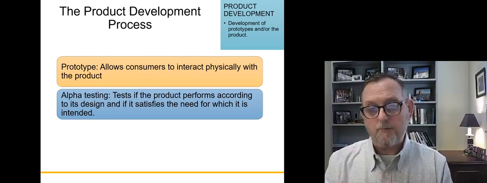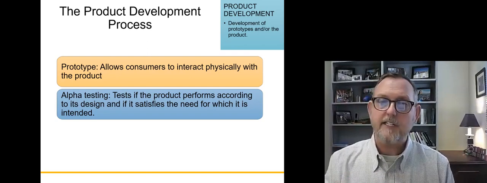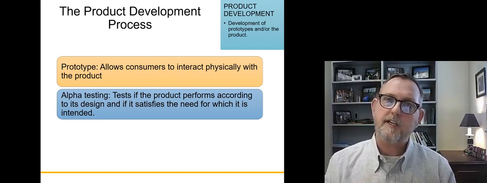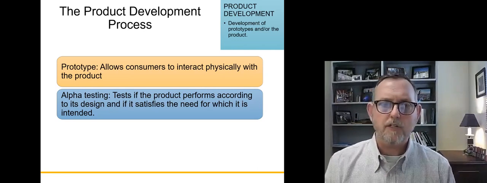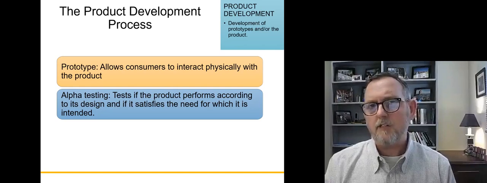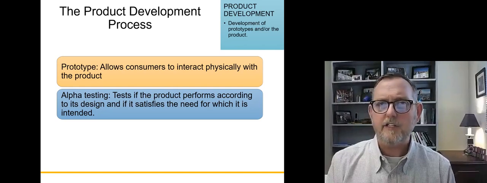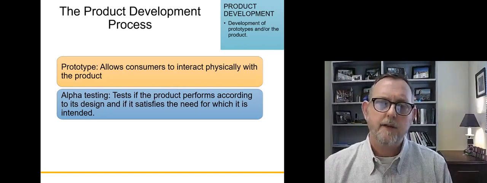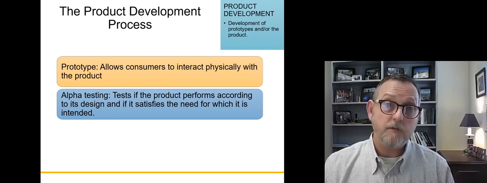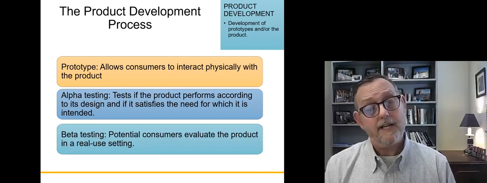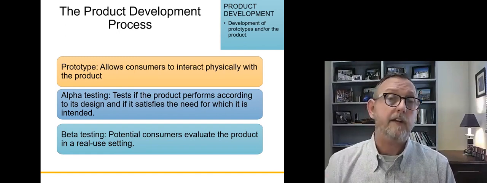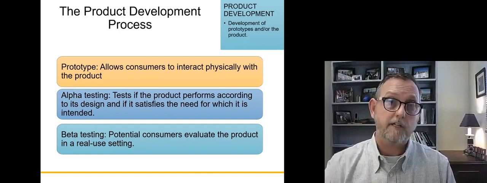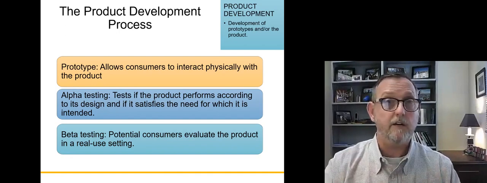An alpha test is when you have the physical product and you test it in a laboratory or inside the organization to confirm that it works. You're confirming tolerances, quality issues, those types of things, making sure that it does what it's supposed to do. A beta test is taking the prototype and having customers try it.